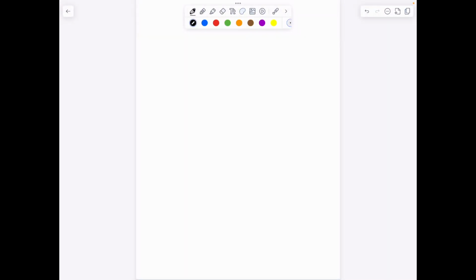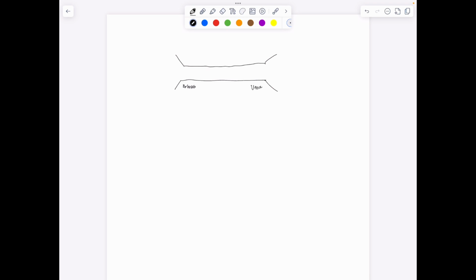Okay, so now we're going to talk a little bit about how blood flows through the capillary. So I'm just going to draw a capillary here. And so we have our arterial end and our venous end. And the blood is going to flow differently at each part of those. To begin, we'll have this thing right here that we call our precapillary.